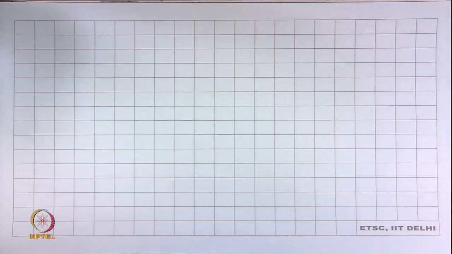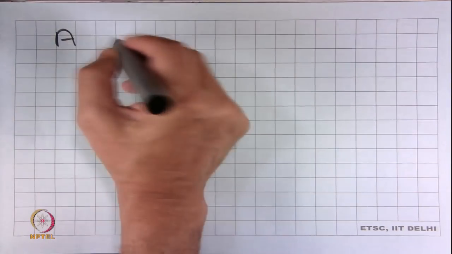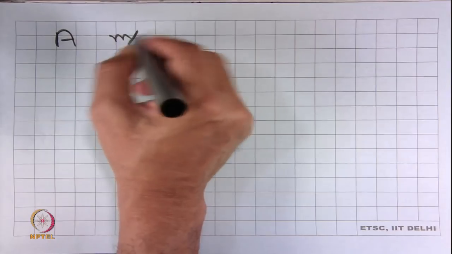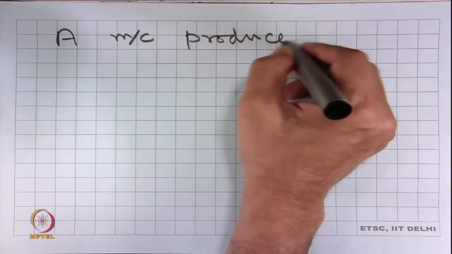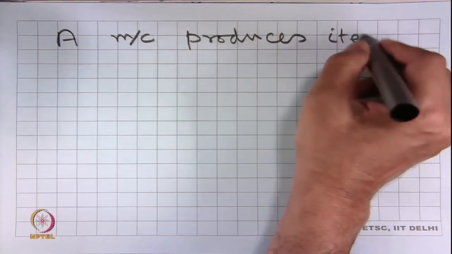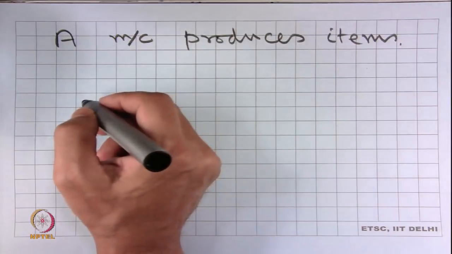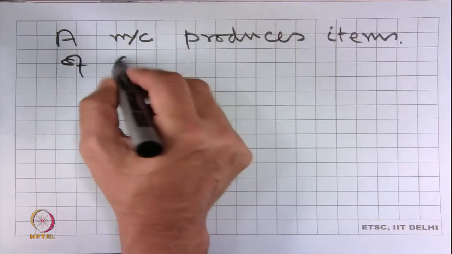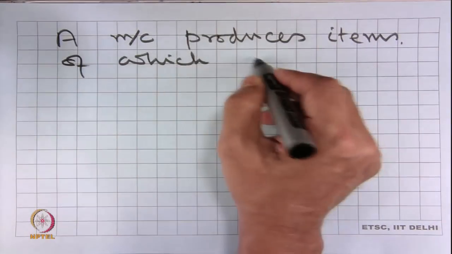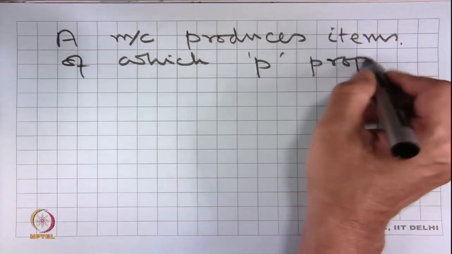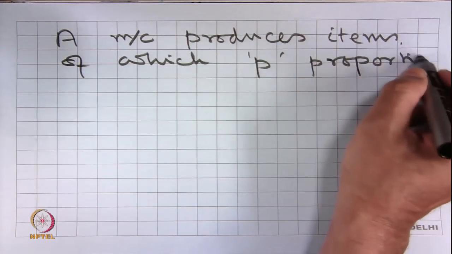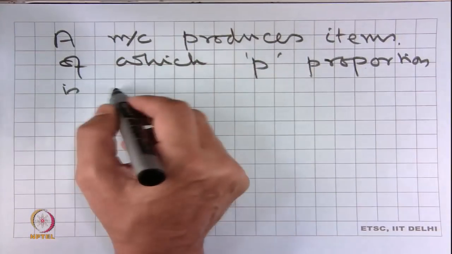Consider the problem that a machine produces items, of which p proportion is defective.